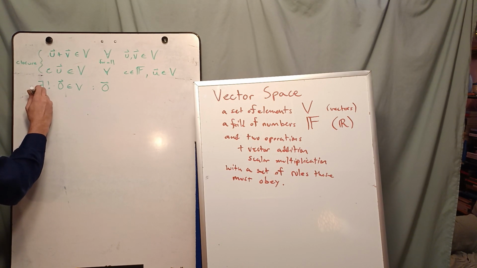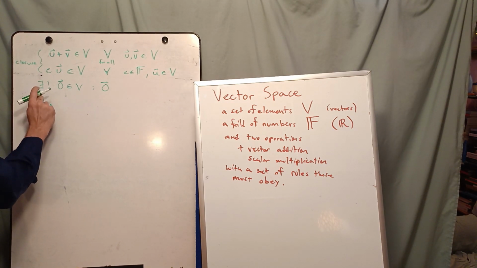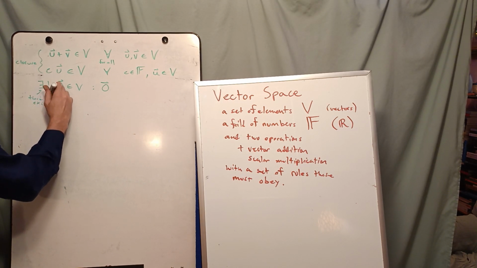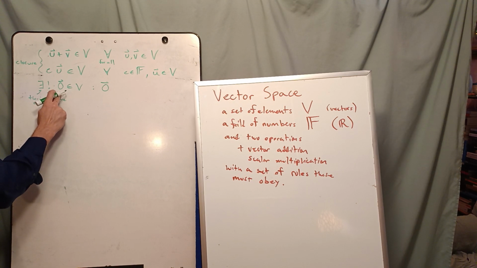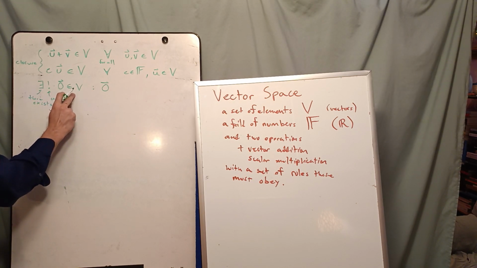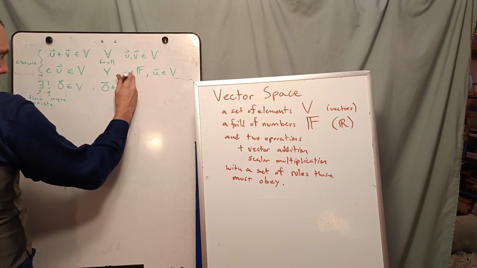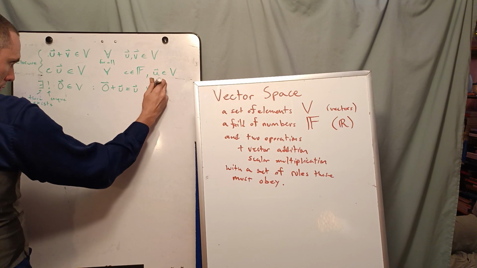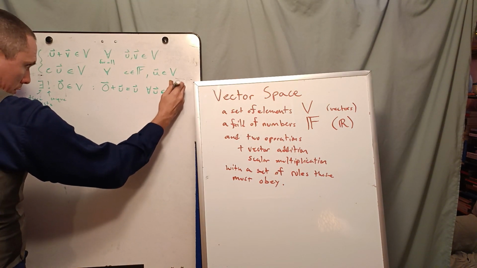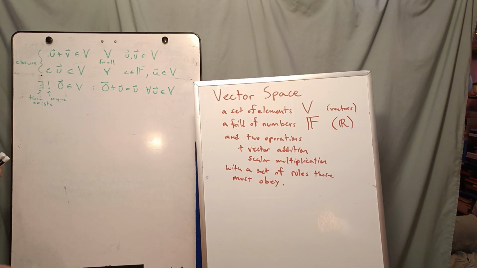This backward Z is there exists, or there is, or there are. This one means that there's a unique one. There exists a unique element, the zero element, in our vector space, such that it does not change the vector u to add it to the vector u.